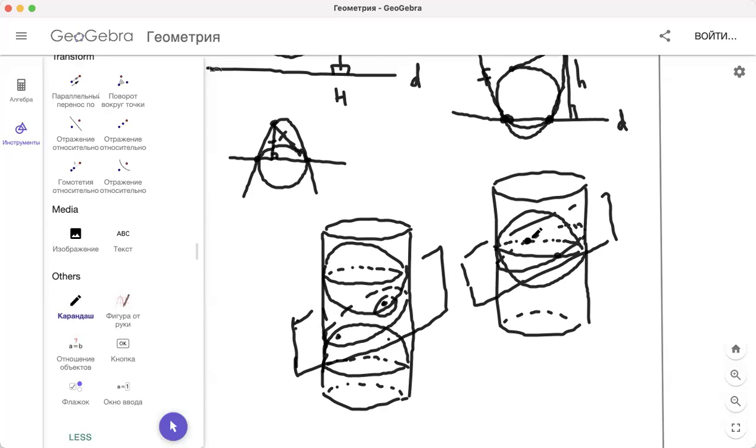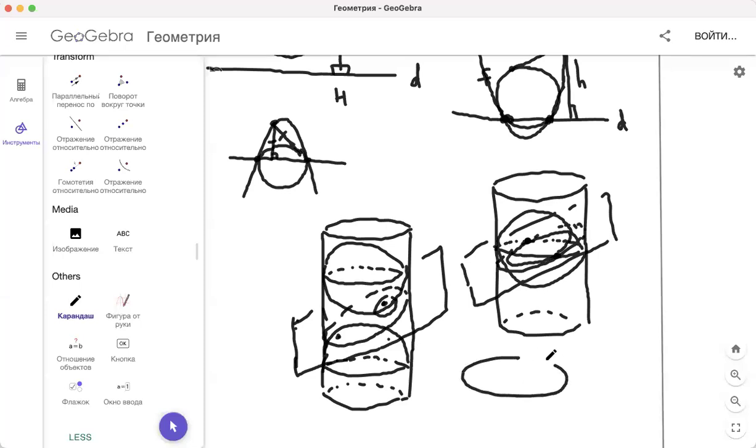And also we have a circle which is a section of this sphere by a second plane. And you can see that this circle is doubly tangent to this ellipse.